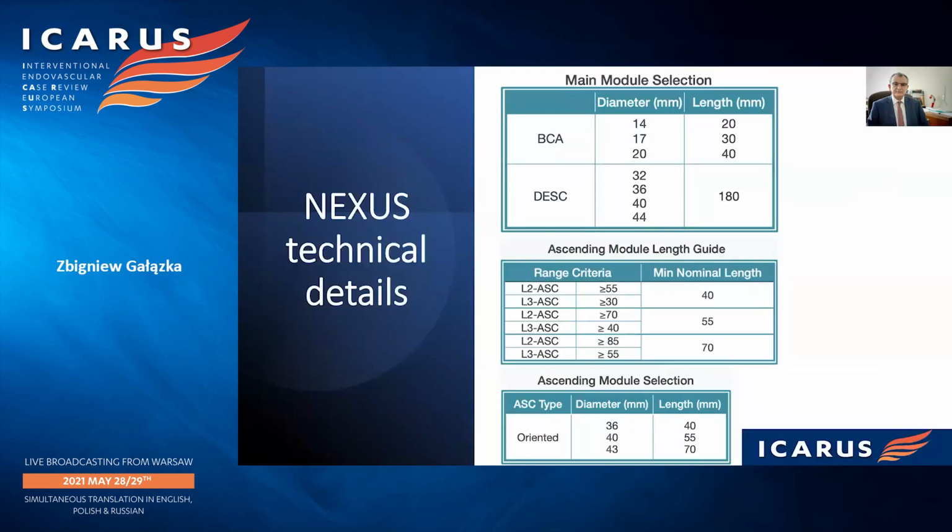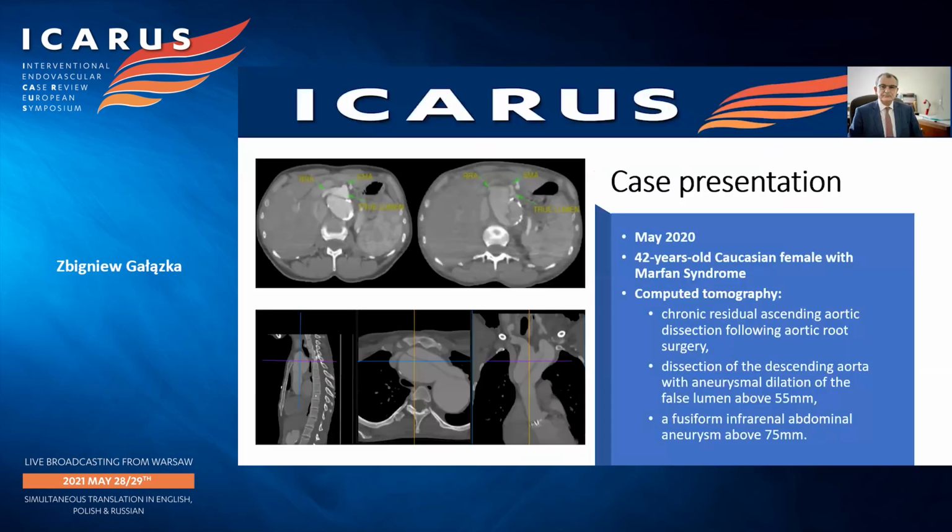These are technical details about the new Nexus system. This is the main body selection and ascending module length guide. This is very important information about the system.